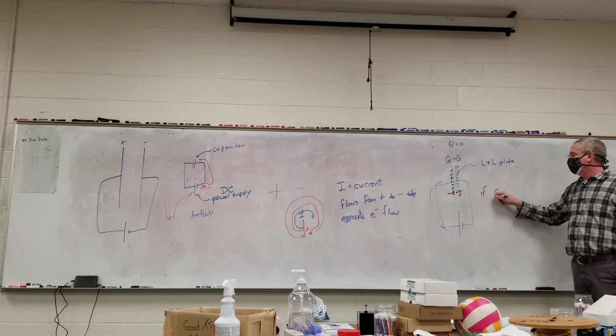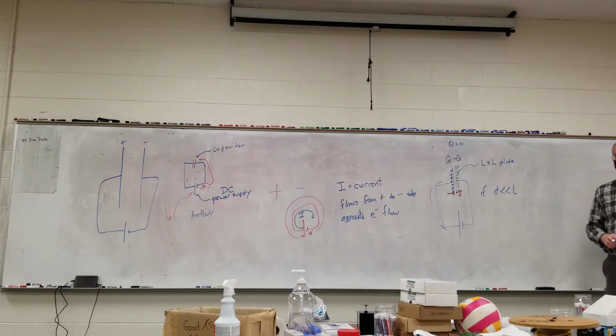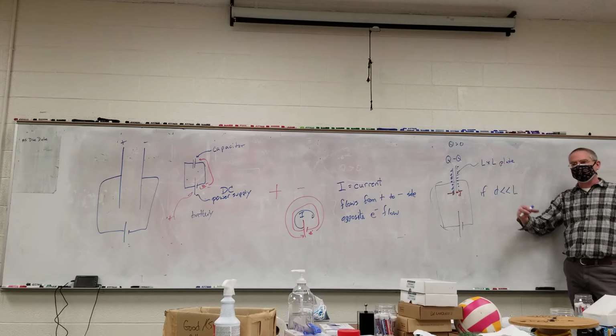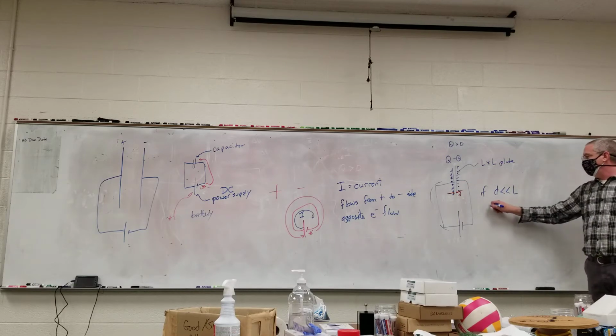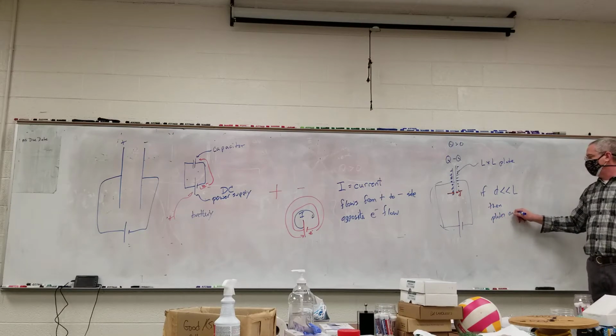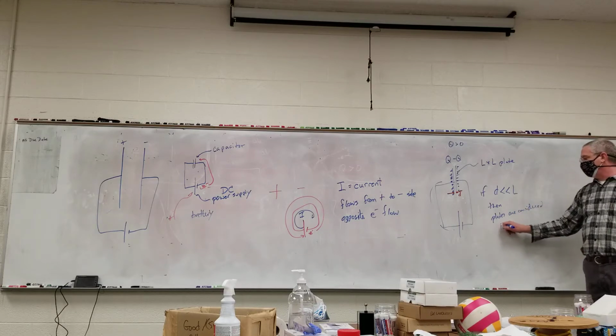So if D is much less than L, generally the 10% rule, if D is less than 10% of the length or width, whichever way you want to call it, then the plates are considered infinitely large.